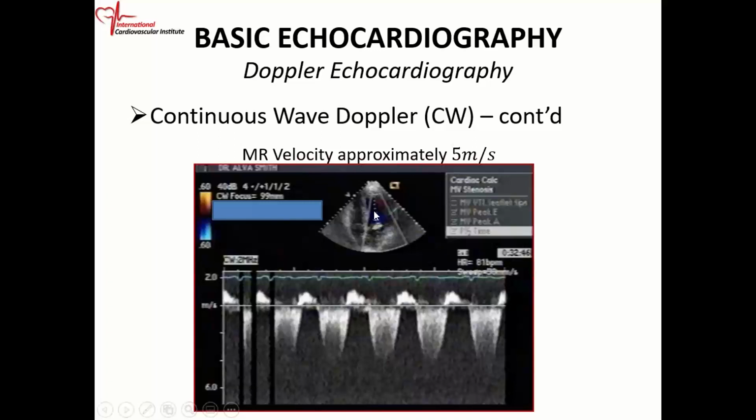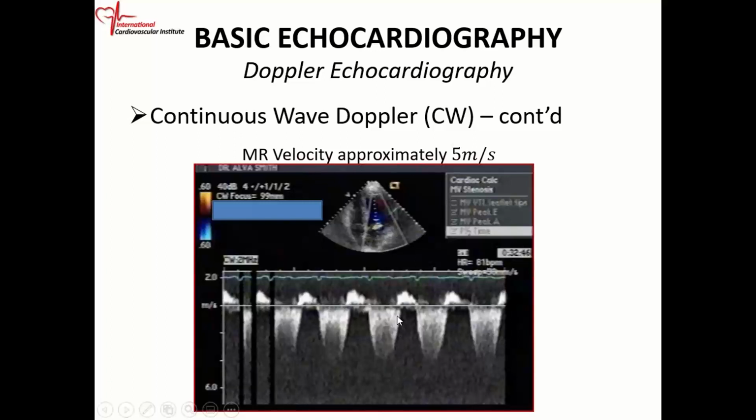With mitral regurgitation, blood is going to flow from the LV across the mitral valve into the left atrium, and the blood is going to be flowing away from the transducer. Hence, it's going to be below the baseline, and it's a systolic flow because the left ventricle contracts in systole and forces blood across the mitral valve into the left atrium.